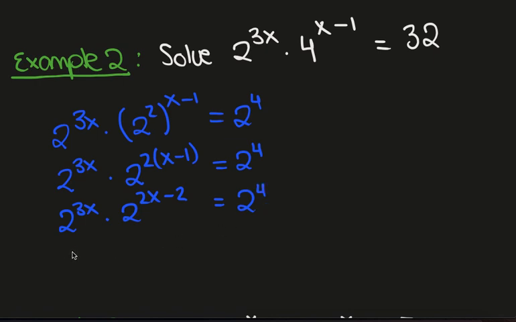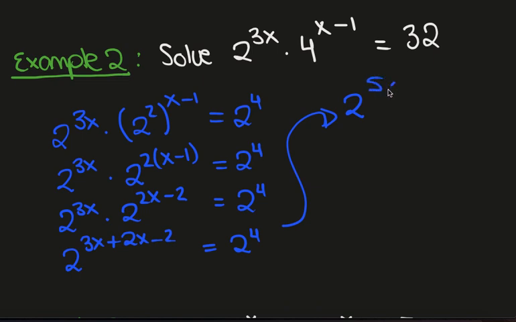Now the first index law tells us that we can now add, so I get 3x plus 2x minus 2 equals 2 to the 4. And then if we just bring this up here, what we find is that we have 3x plus 2x, so that's 5x minus 2 equals 2 to the 4.